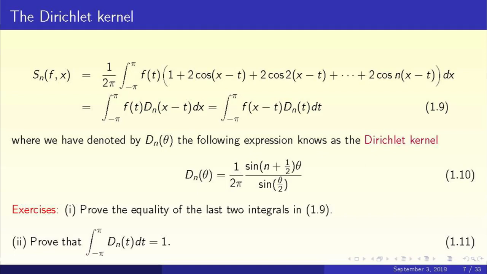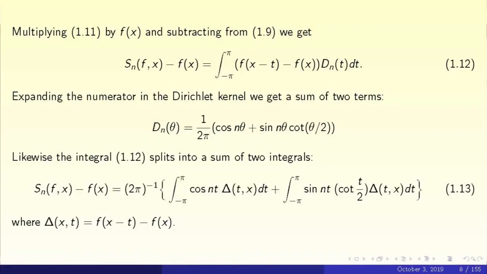So 1.9 gives you an expression for Sn f(x) and 1.11 gives you f(x) equals the integral from minus pi to pi of f(x) dn t dt. We must now subtract, and what do we get? Sn f(x) minus f of x will be the integral from minus pi to pi of (f of x minus t minus f of x) into dn t dt. Alright. So now we have come to this equation 1.12.